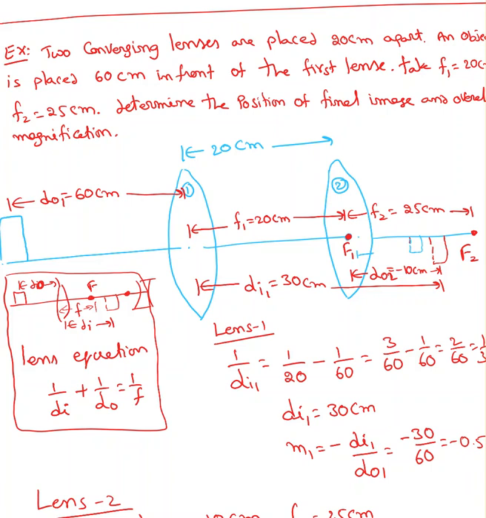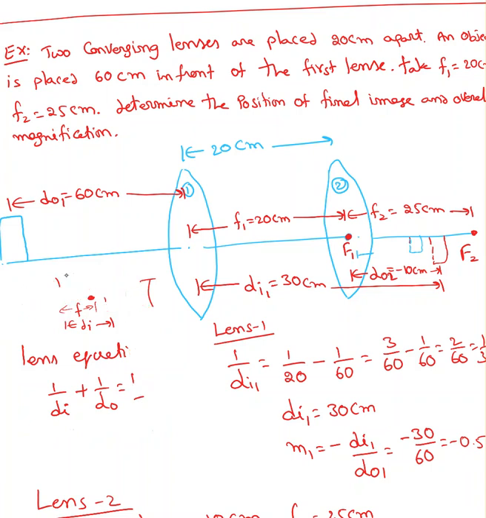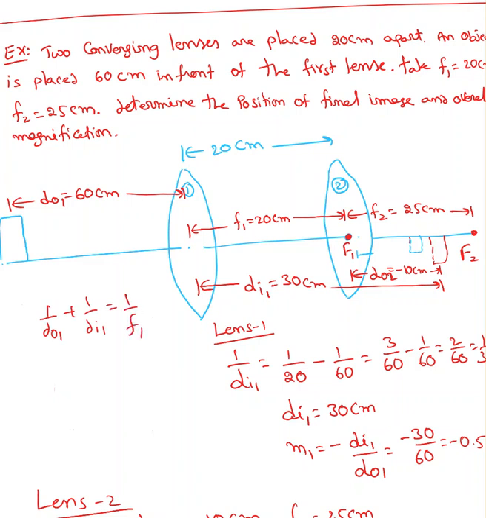Now in this example, let me erase this so I'll have enough room. Since there are two lenses, I'm going to say d01, d02, something like that. For the first lens, 1 over distance of object 1 plus 1 over distance of image 1 equal to 1 over f1.